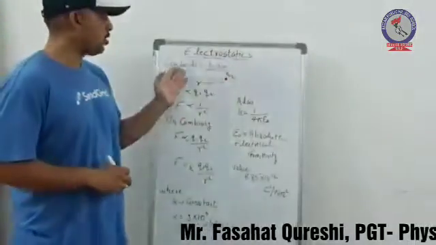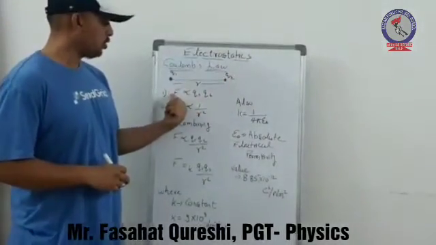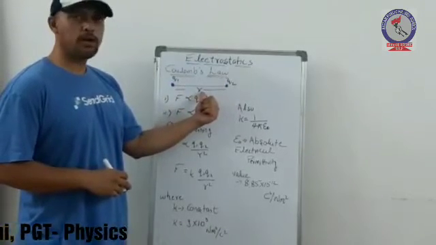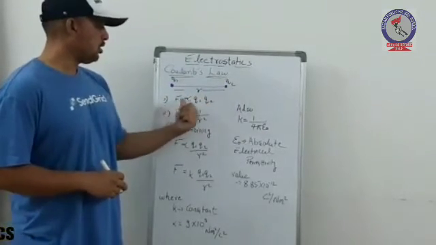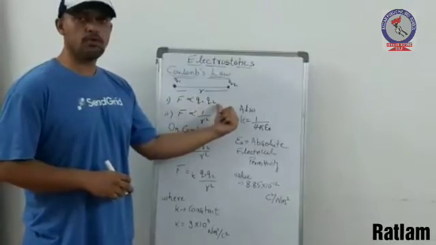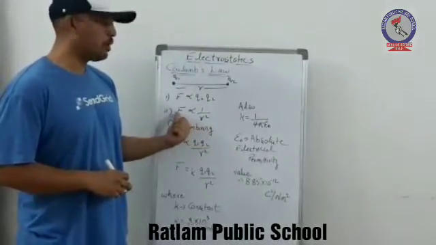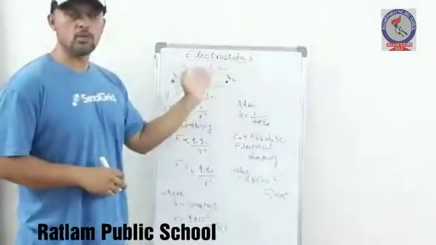According to Coulomb's law, the force of interaction between the two charges separated by a distance r is, first, proportional to the product of the two charges. Second, inversely proportional to the square of the distance between the two charges.